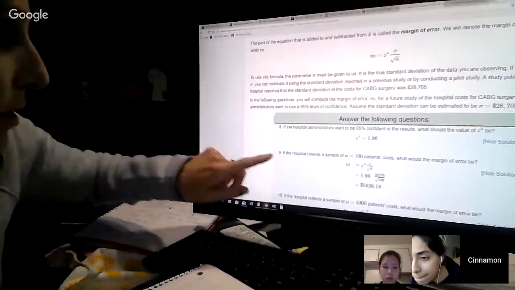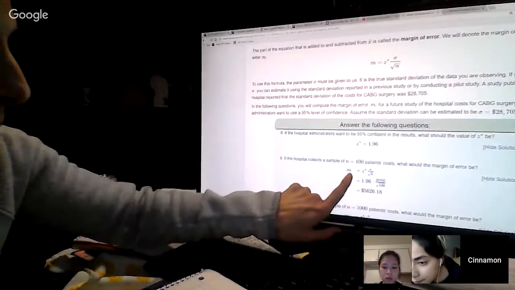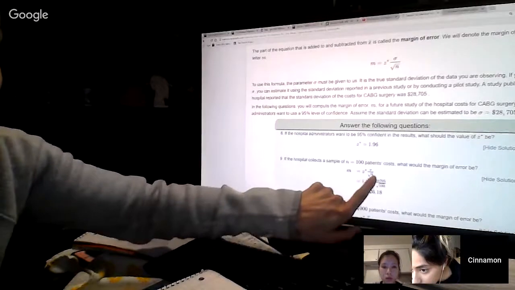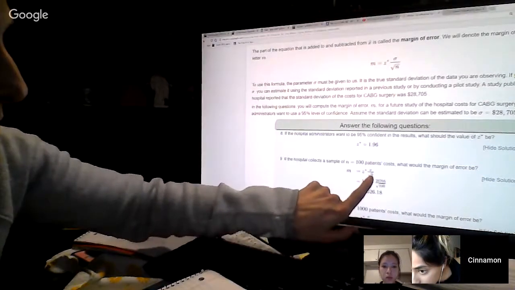How did you get that? Okay, so I went back to the lesson, and it said m equals z with our little division here of standard deviation.